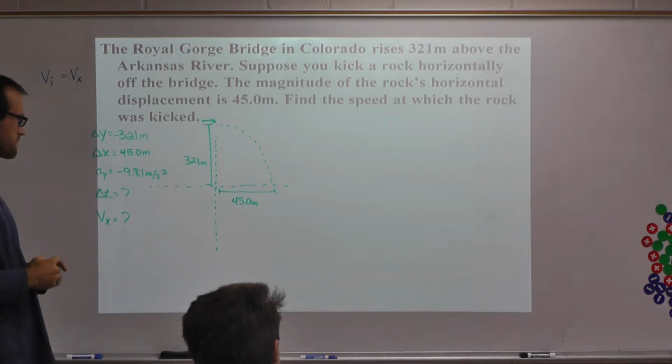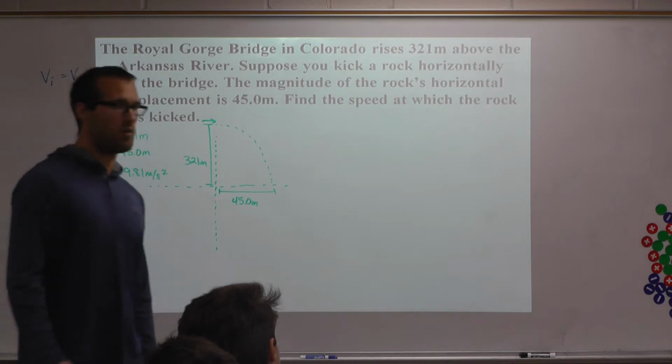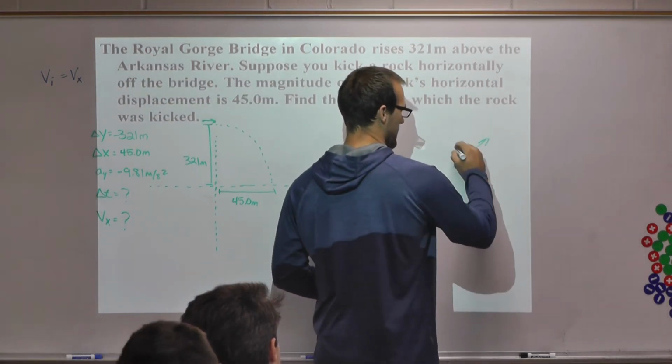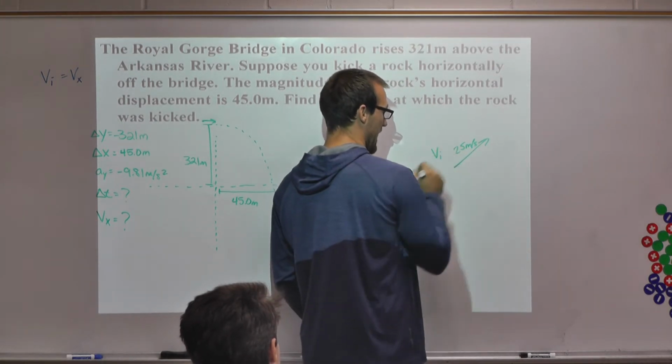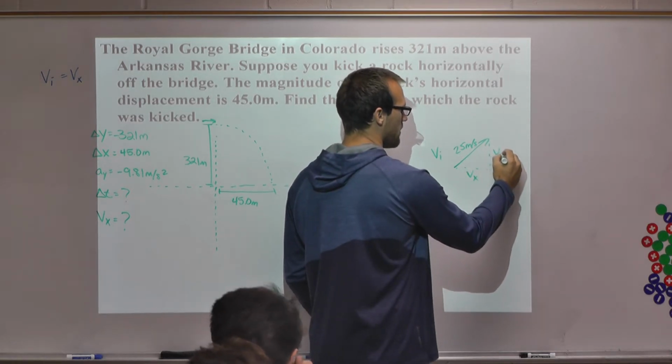Wait, so then why do you have both of them? Why don't you just get rid of one of them and always use the x? Because when you shoot at an angle, and I say that it was shot at 25 meters per second, that is Vi, and I have to break it up into x and y.